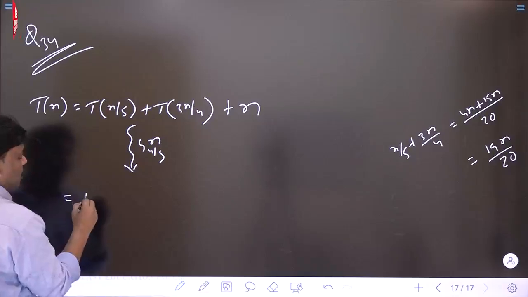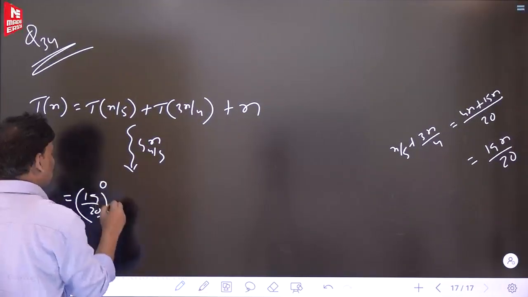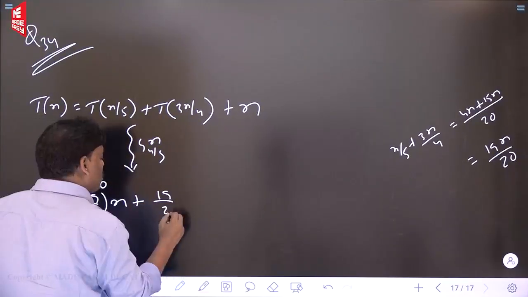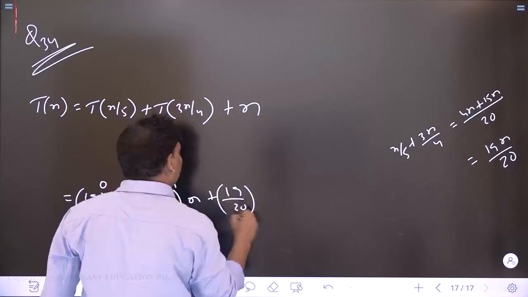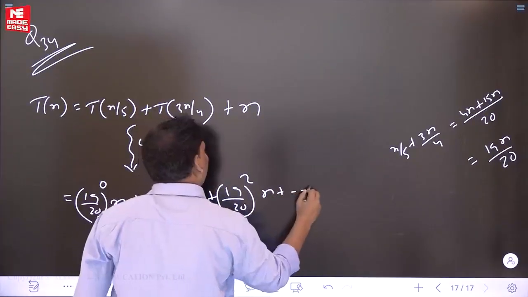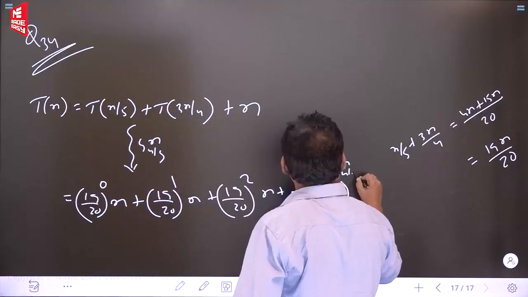What is the answer? 19 by 20. 19 by 20 whole power 0 n. 19 by 20 whole power 1 n. 19 by 20 whole power square n. It will continue. Lastly, 19 by 20 power log n base 4 by 3 times n.